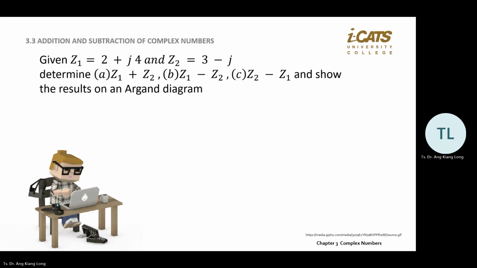For test 1, test 2, you will be given a blank A4 paper. For the final, I need to check with the department. It will be on the answer script.